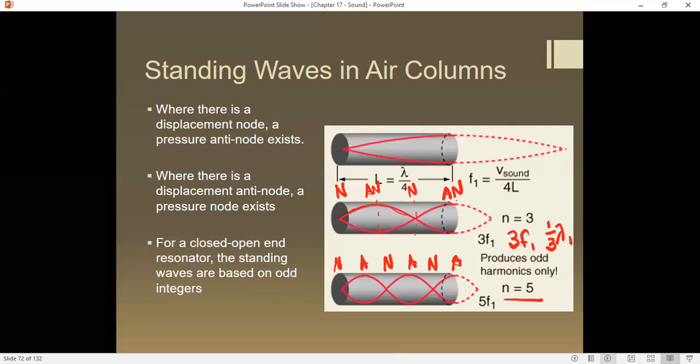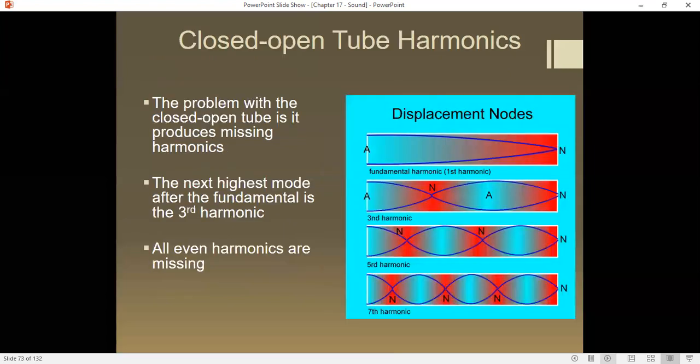So the interesting thing is, when we have a closed and open end, our first or fundamental harmonic has a wavelength equal to 4 times the length.